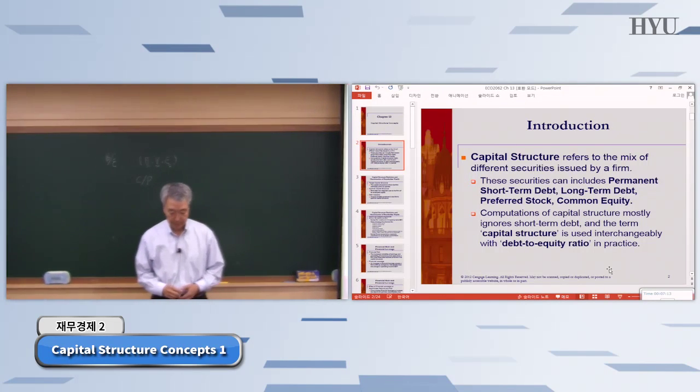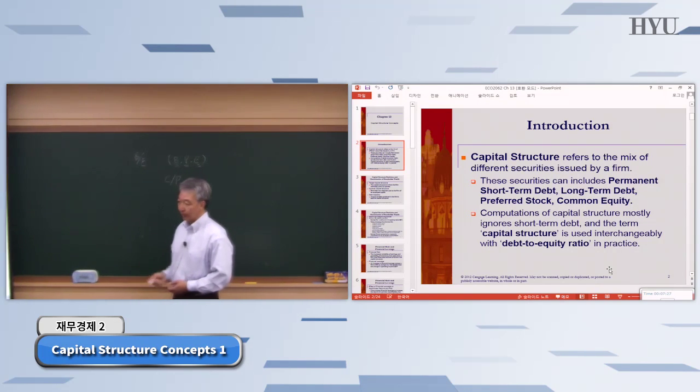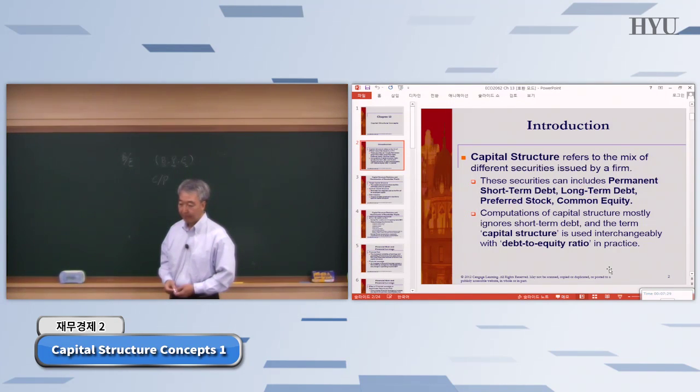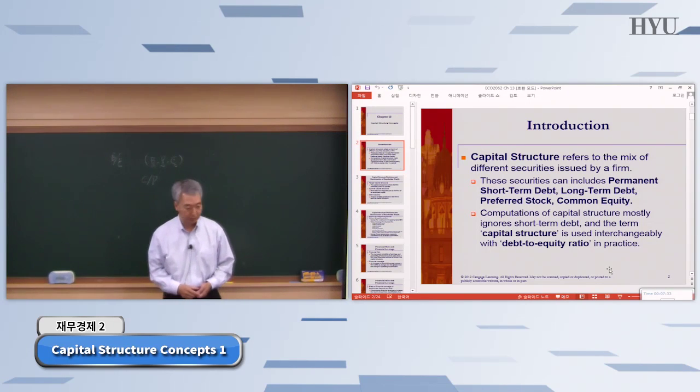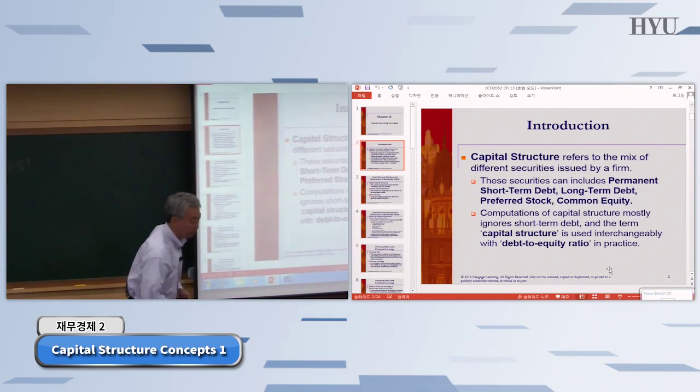Okay? All right. So the capital structure is also used interchangeably with debt to equity ratio. We also talked about debt to equity ratio. Right? What about preferred stock? Do we ignore the amount of preferred stock?